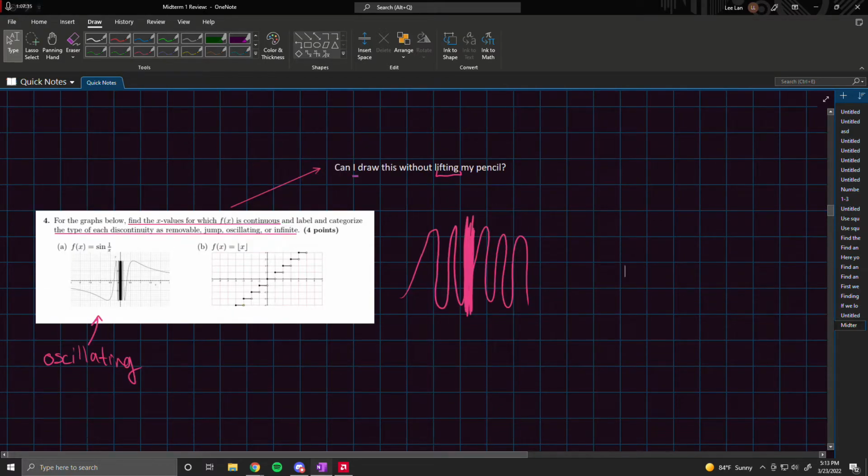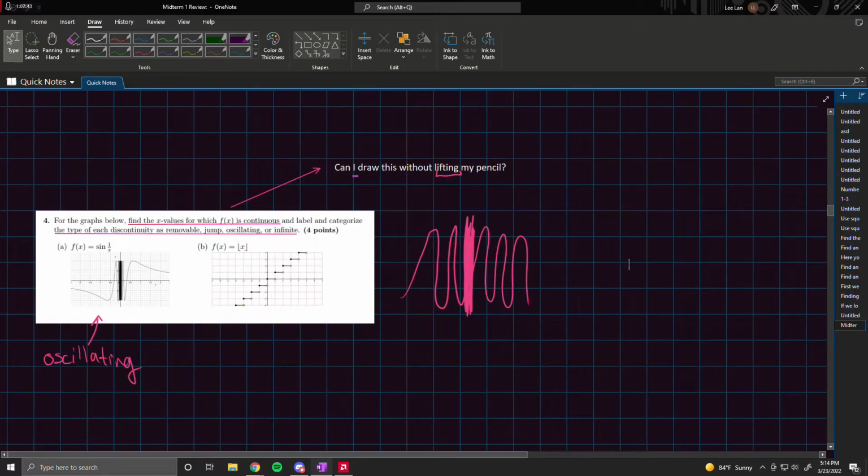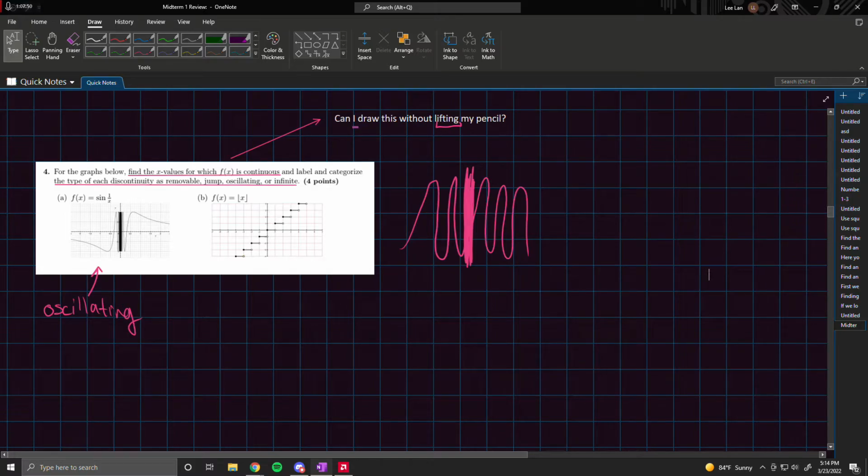So technically, I did draw it without lifting my pencil. Actually, I don't think I could answer that question. That's interesting. But anyway, let's look at 1 over x.